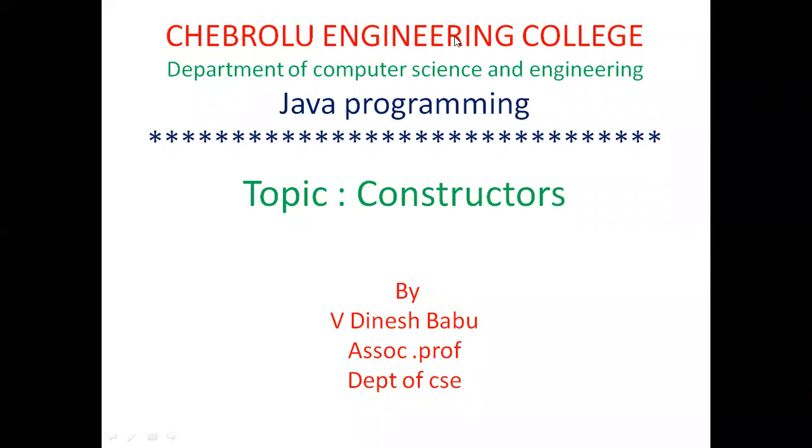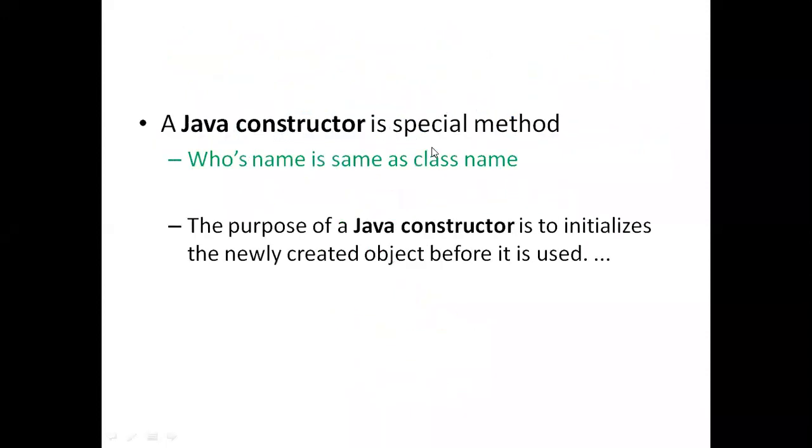So let us start the class with the definition of a constructor. In any object-oriented programming language, a constructor is called a special method. So we know methods and we know how to define a method.